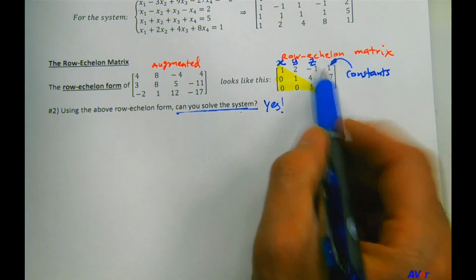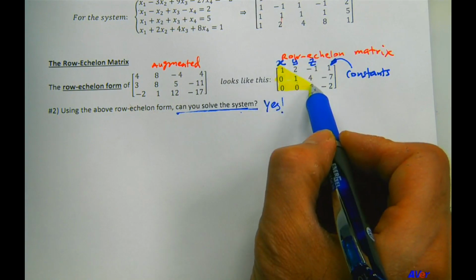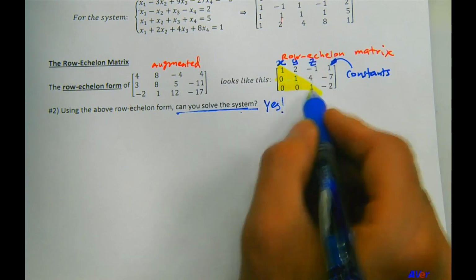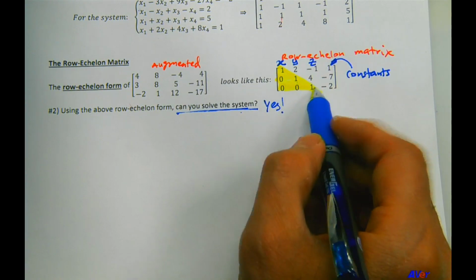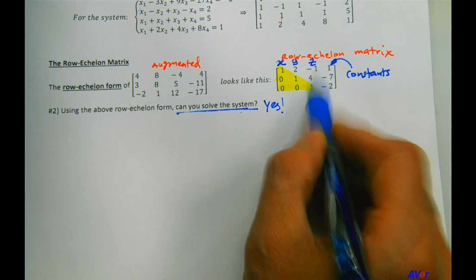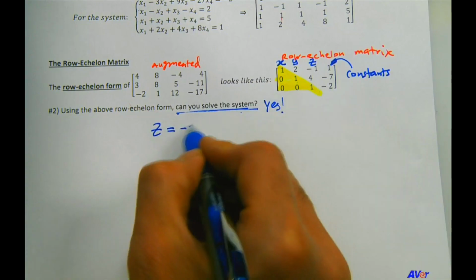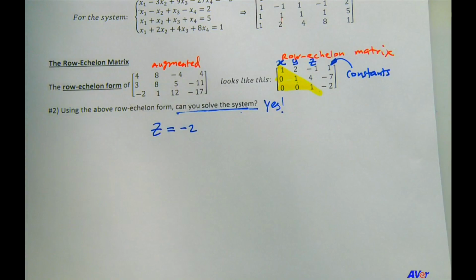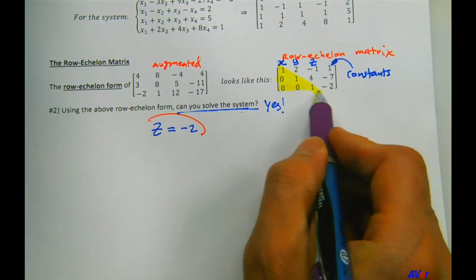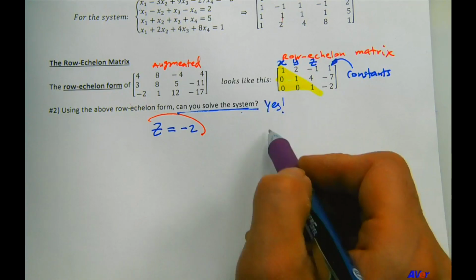Well, didn't we label each column with the variable that is associated with it? So starting from the bottom, 1 times z, you can rewrite the original equation with the variable attached. Starting from the bottom, you say 1 times z is equal to -2. Right there, we have the answer for one of the variables just by writing the original equation using these numbers.